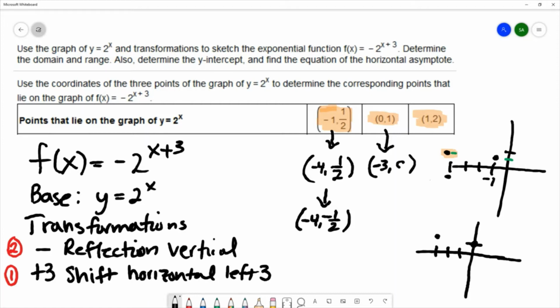The y-coordinate doesn't change. Then we're going to reflect over the x-axis. That's a mirror image over the x-axis. This y-coordinate is a 1, and when you reflect over the x-axis, it becomes -1.